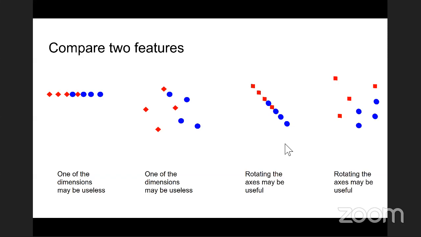So you may not want to go with the two original features, you may want to find a new feature that's a combination of the x1 and the x2 features. Similarly, in the last case, you can see that the hyperplane is actually along this direction, which means that if I project everything along a line that goes like this, then in just one dimension, I can separate the two sets of points.